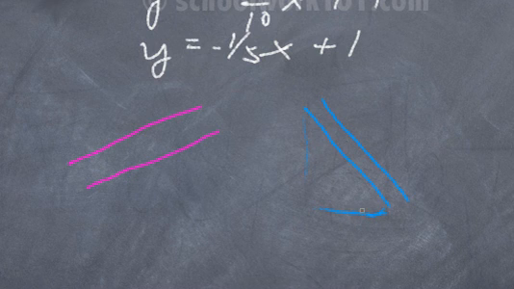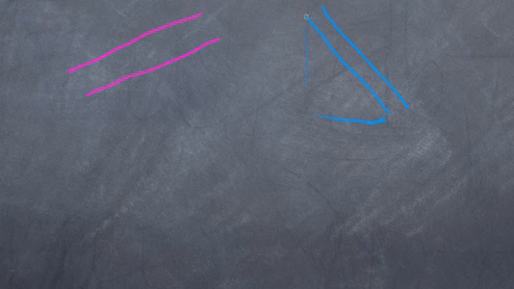Another way of looking at this is you're going down in the negative direction and you're going to the right, which we'd say is the positive direction. So if I'm going down, that's going to be a negative y over, and I'm going to the right, that's a positive direction. So our slope is going to end up being negative.